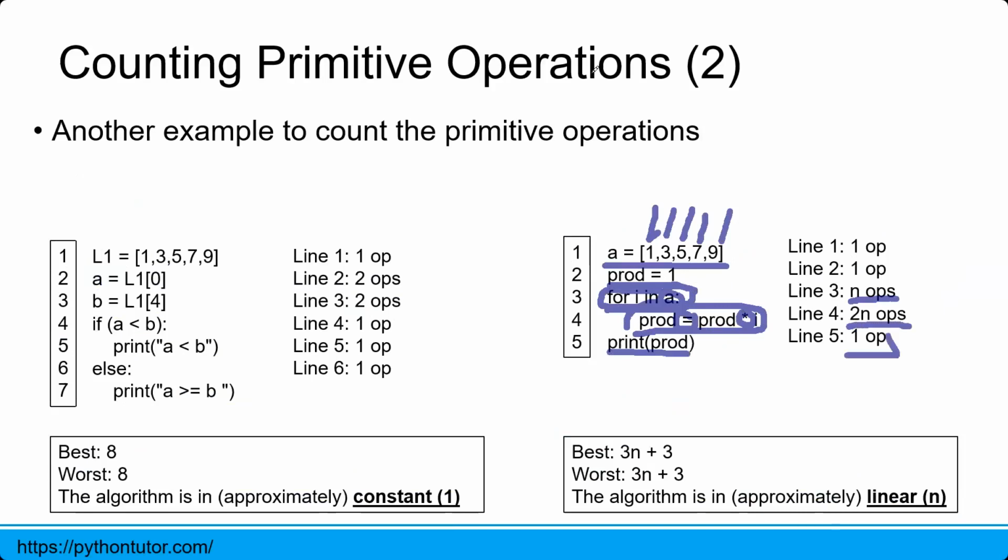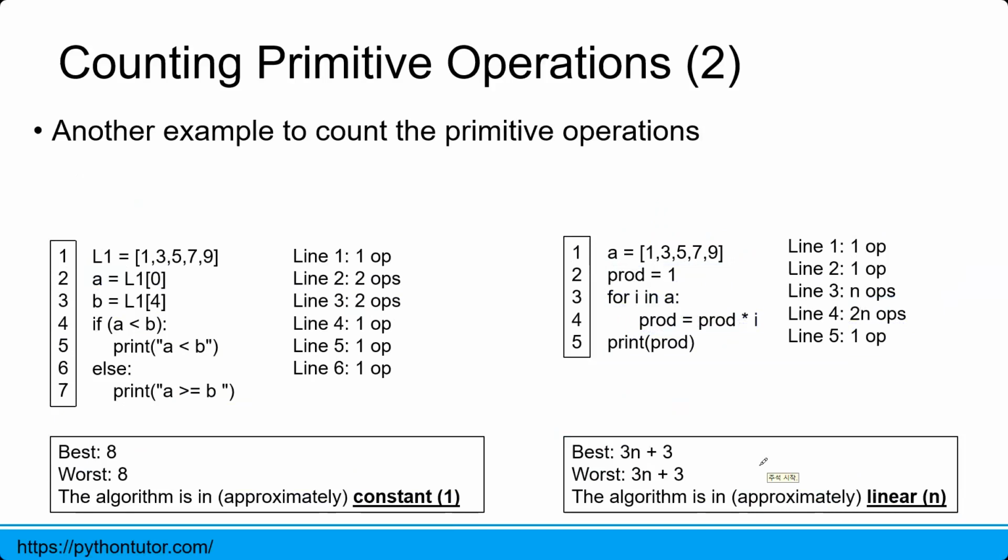So in total, 1 plus 1 plus n plus 2n plus 1, then the best case and the worst case will be 3n plus 2. So the algorithm is linear, n. Because this one we have n, we will learn later that we will just use the higher order.